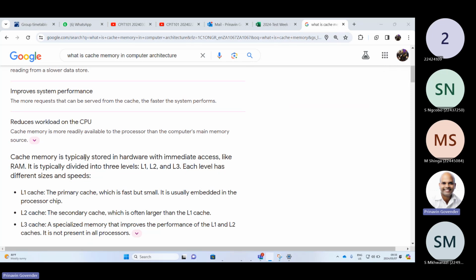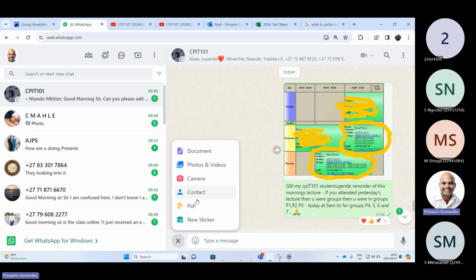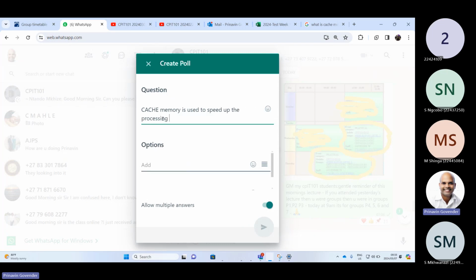Here's my question to my students: cache memory is used to speed up the processing of the PC.